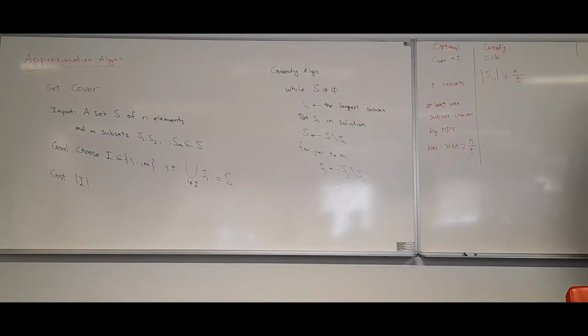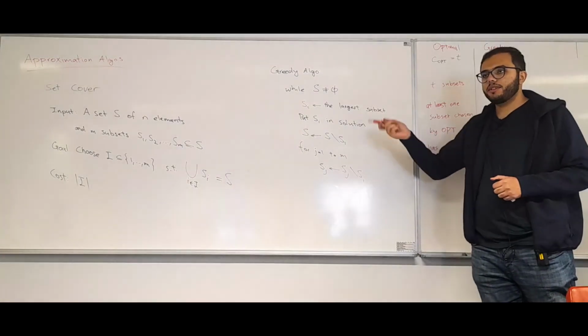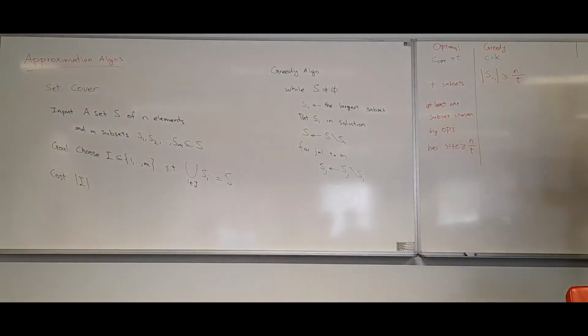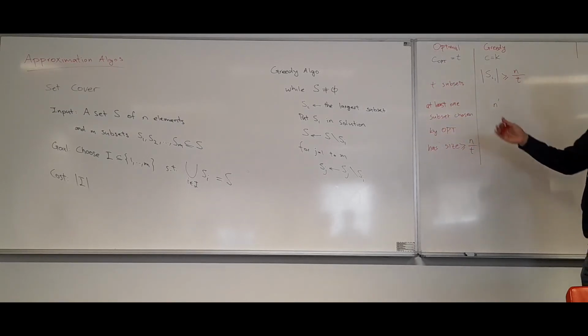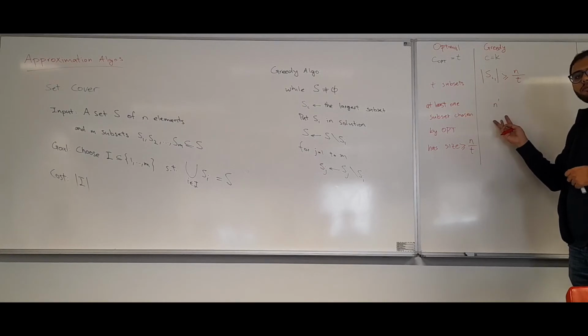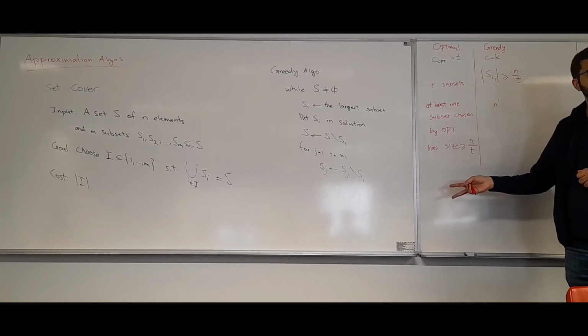But now I can do the same analysis for every iteration of this algorithm, right? So basically, the fact that this was just analyzing the first iteration of the while loop doesn't really matter, right? If at some point I have some number of elements, let's say my number of elements is now n prime instead of n, after a bunch of iterations, again, I know that the optimal algorithm is covering these n prime elements with at most T subsets, right?